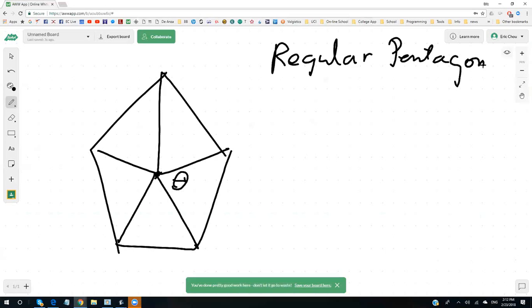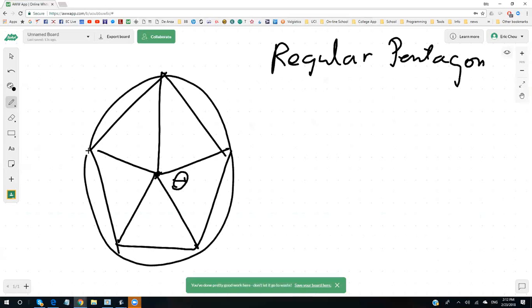The angle. You have a circle outside cutting it like this, so the total is 2 pi.